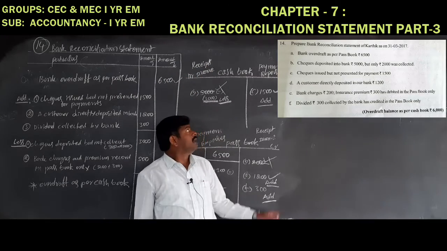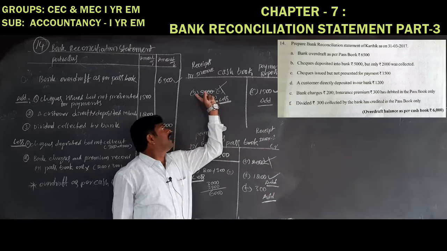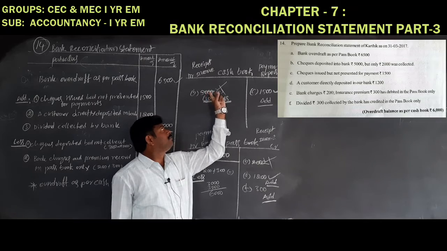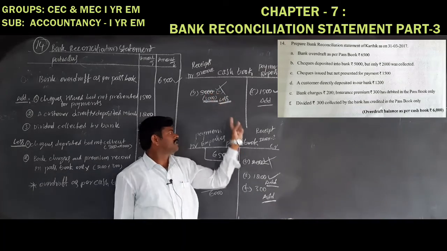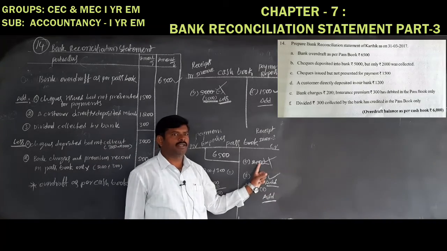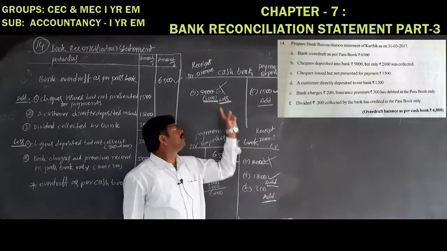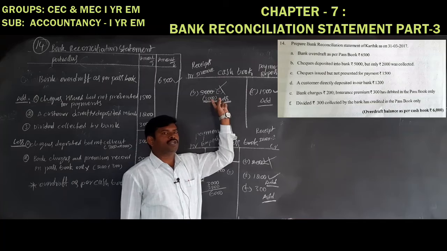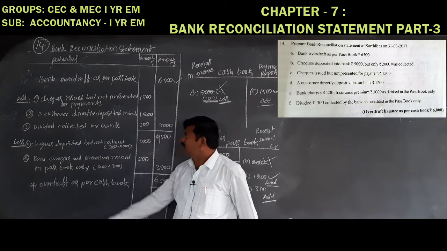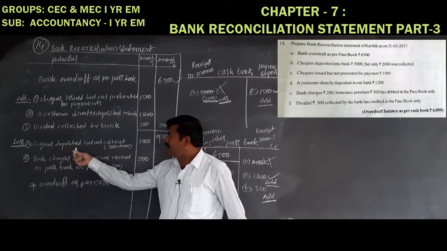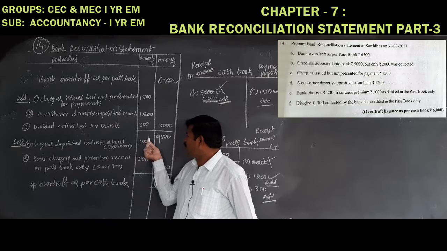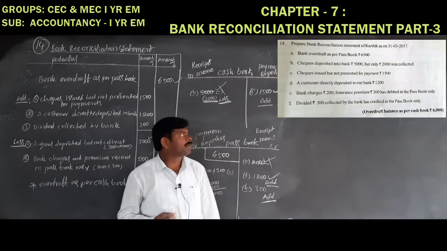Next, A, a check is deposited but not collected. The check deposited amount is 5,000 rupees and the collected amount is 2,000 rupees. What is the difference between the deposited and collected amount? 3,000 rupees. The 3,000 rupees must be recorded under less items. So checks deposited but not collected: 5,000 minus 2,000, 3,000 rupees. This is the first one.